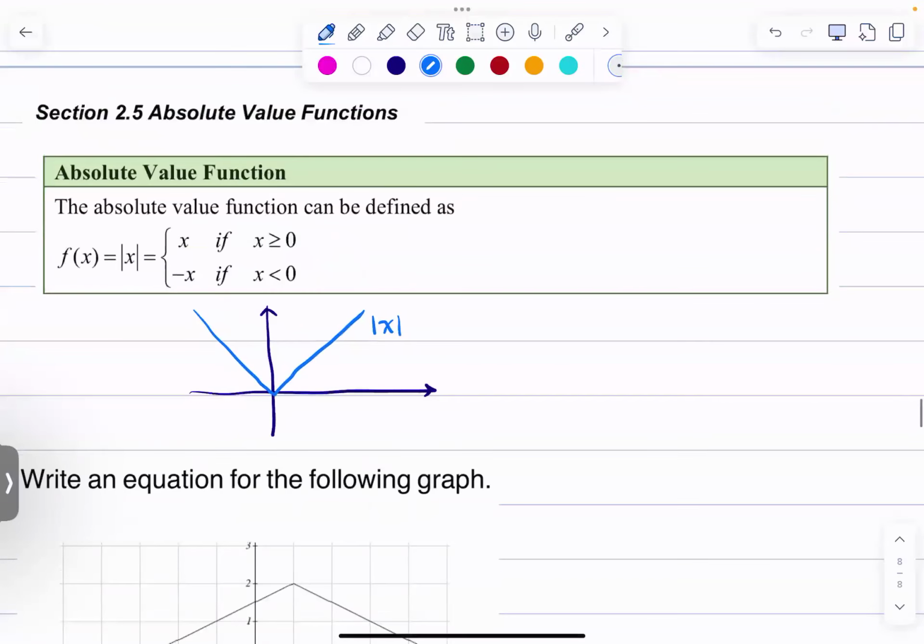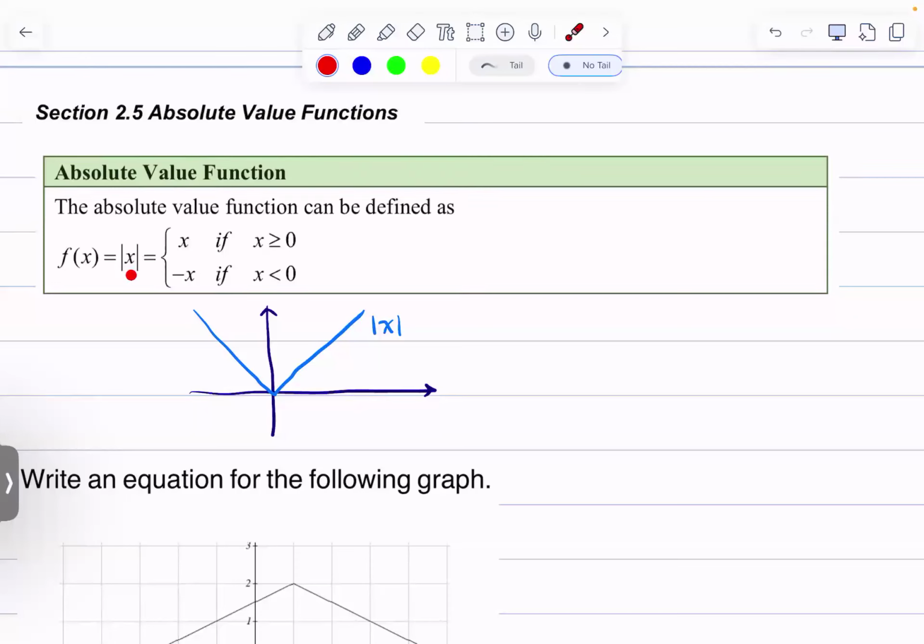Well, it's really just a piecewise function. You've probably seen the absolute value function before, and to us, it just says drop the negative. But how does it drop the negative? If f of x is the absolute value of x, which we write with these vertical bars around it, then it becomes a piecewise function.